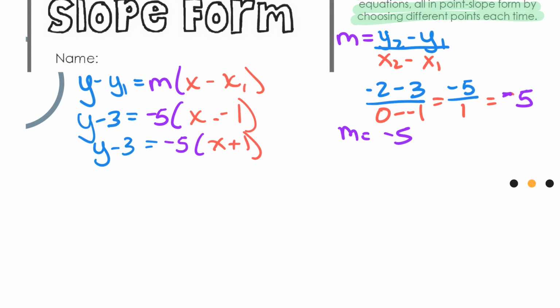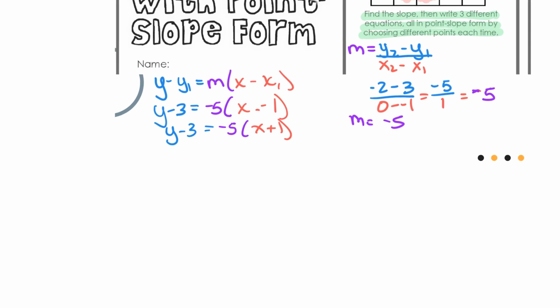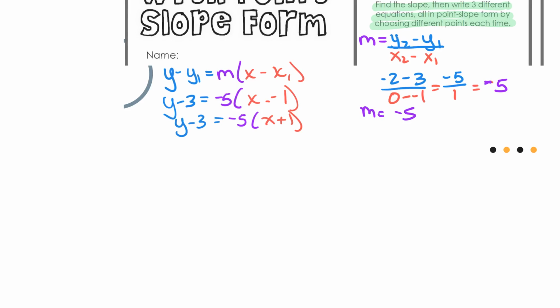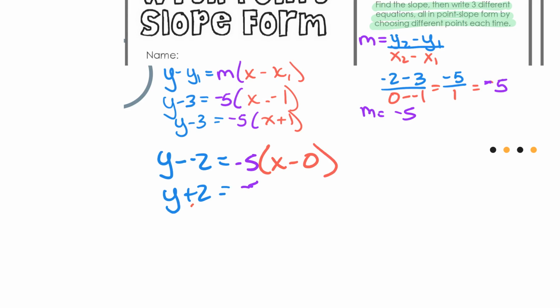So I'm going to start with my next coordinate point. So I have 0 and -2. So I'm going to start the same way. So y minus -2 is equal to -5 times x minus 0. And so I simplify that as y plus 2 is equal to -5 times x, because x minus 0 is just x.